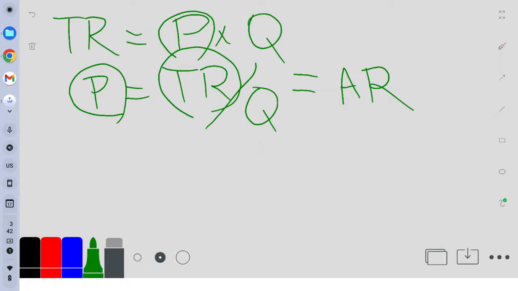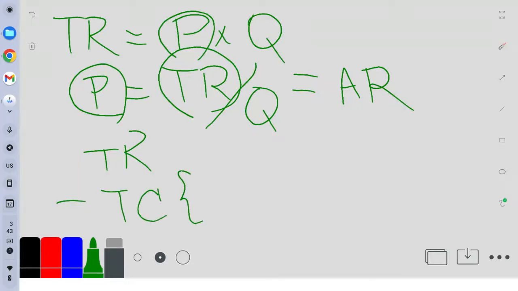So nobody's doing any thinking. Think about it. In the income statement, from revenue you must subtract total cost, right?